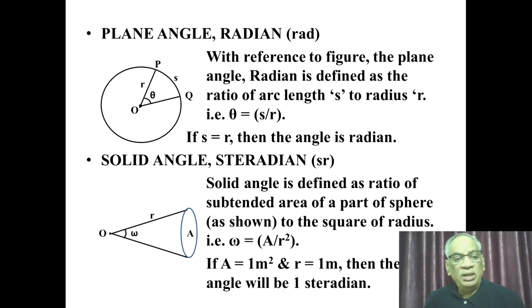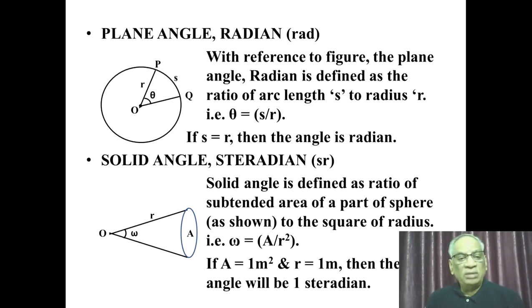So theta is given by S by R. If S is equal to R, then theta is equal to 1. So when the arc length and the radius of the circular path are the same, the angle made by the arc at the center is known as 1 radian.